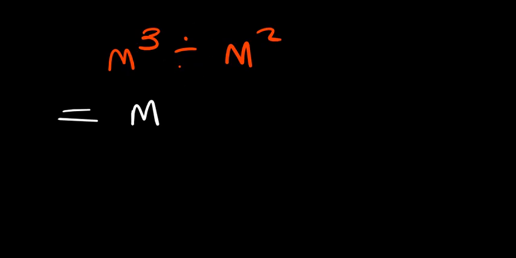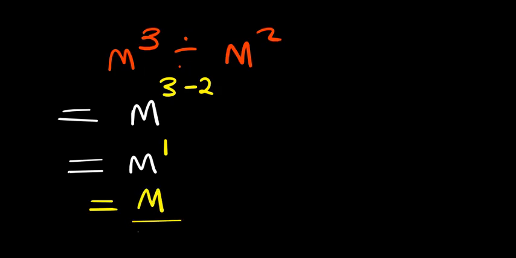You are subtracting them, right? So you are going to have 3 minus 2. So now when we simplify this one, I'm going to have m to the power 3 minus 2, that gives me a 1. Any number to the power 1 is itself. So you're just going to have m there as our answer. Okay, let's simplify another one.